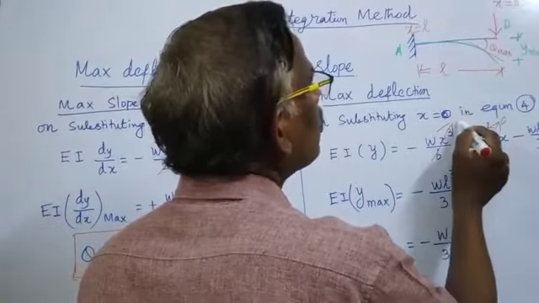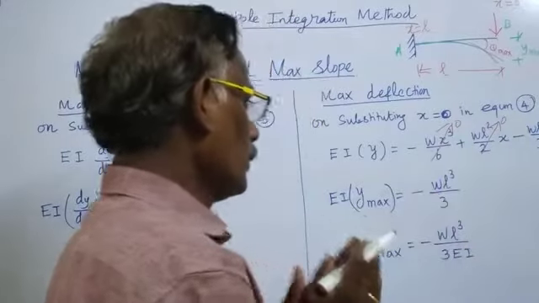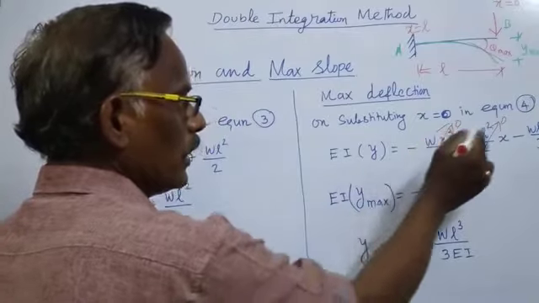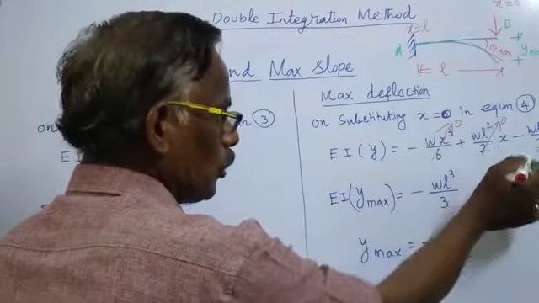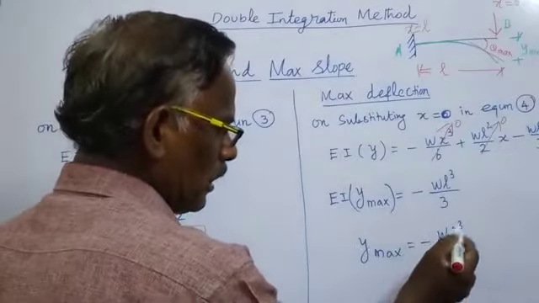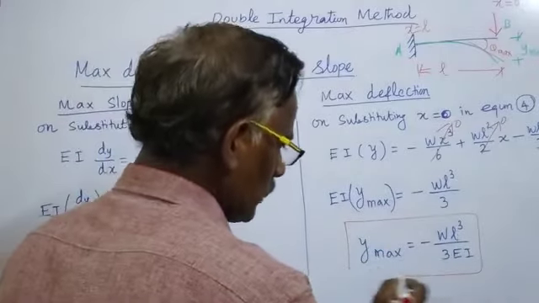So what is the remaining term? Minus WL cube by 3. So EI y becomes EI y max because we are putting x equal to 0. This EI comes here, so y max equals minus WL cube divided by 3EI. This is the maximum deflection.